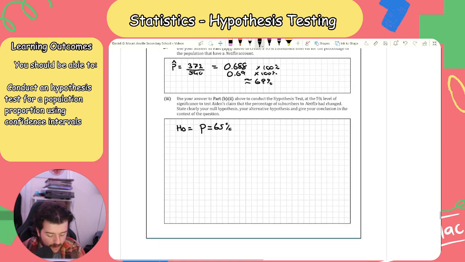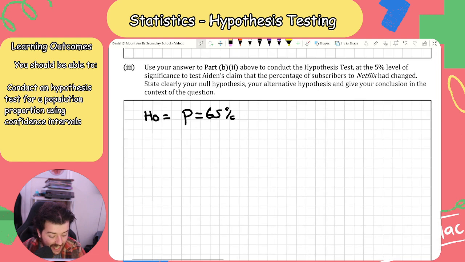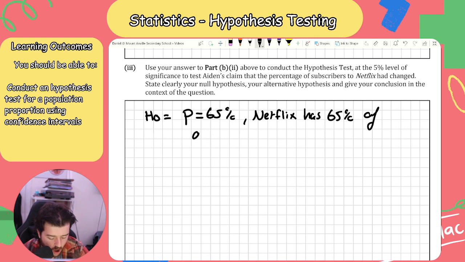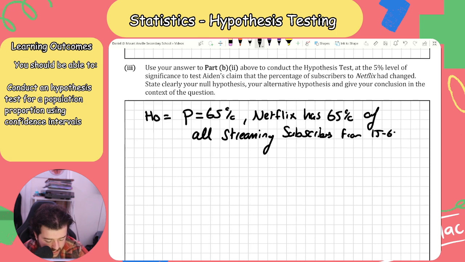So that's my claim here. The population proportion is still equal to 65%, right? So Netflix has 65% of all streaming subscribers from 15 to 65.